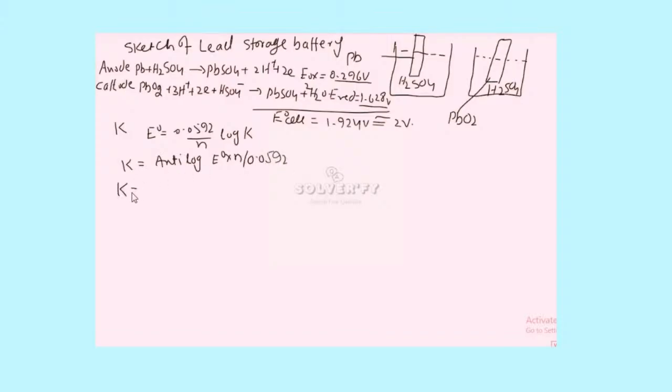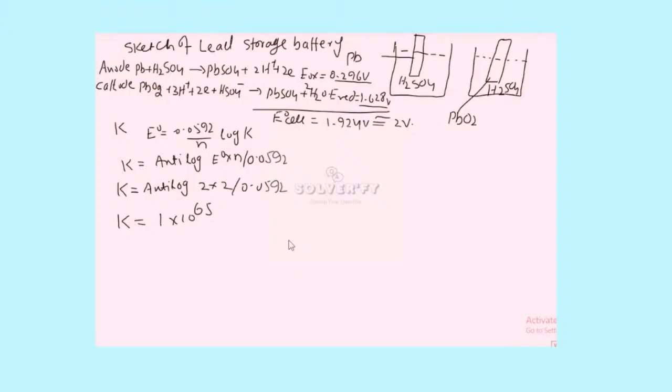Putting the values, K is equal to the anti-log of E naught, which is 2, where n is the number of electrons lost and gained, that is also equal to 2 moles of electrons, divided by 0.0592. Calculating the value and then taking the anti-log, we get the answer, that is 1 times 10 raised to the power 65.